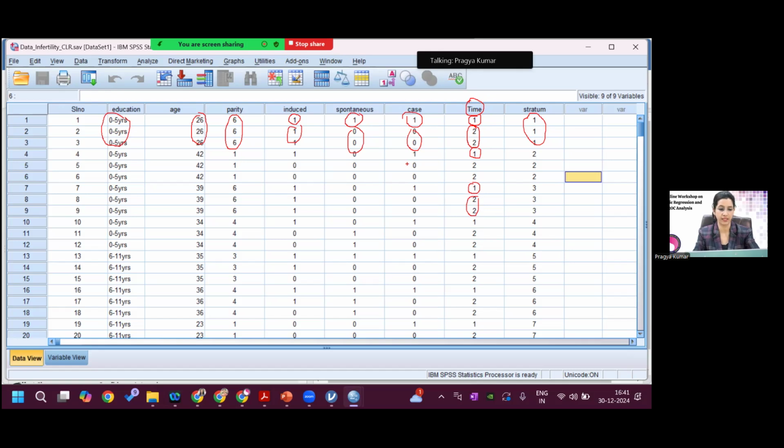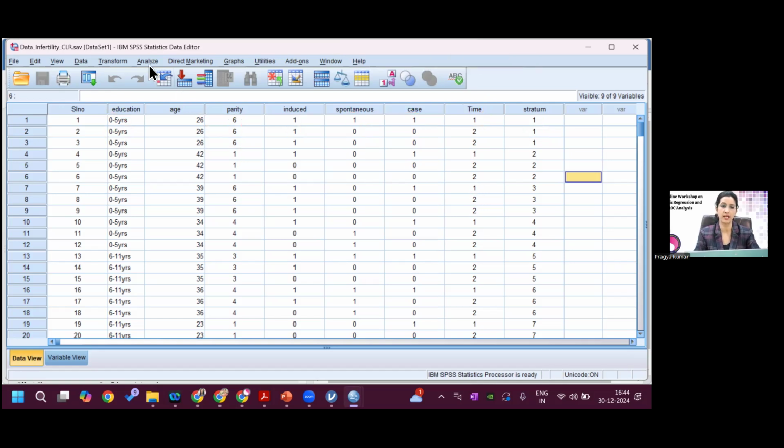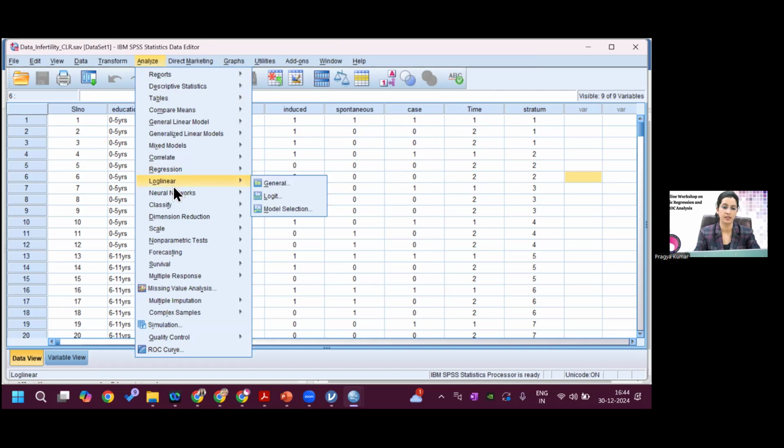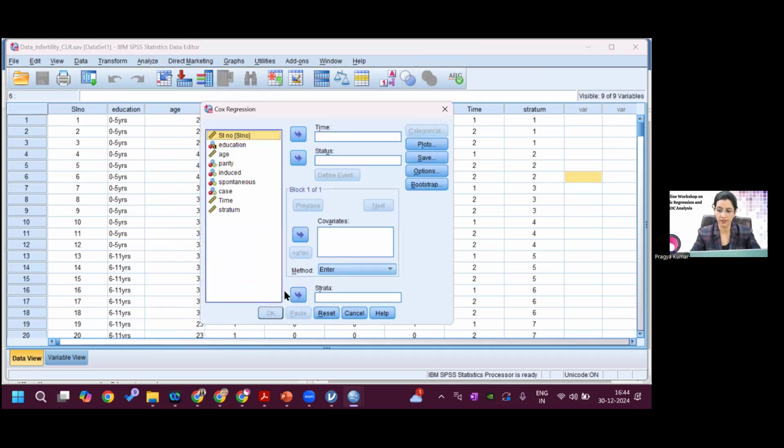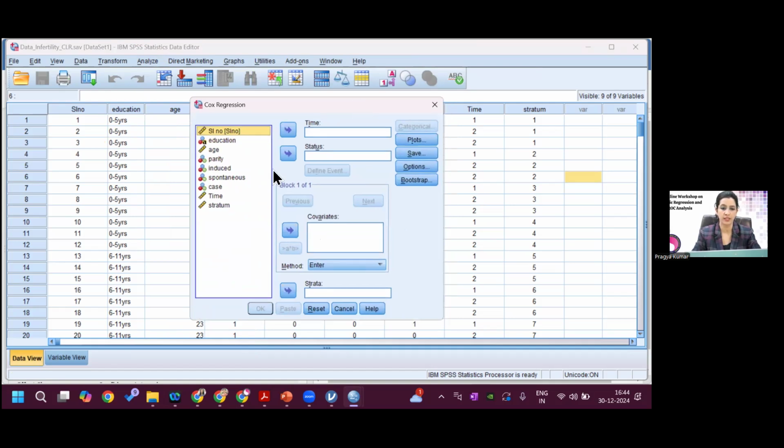So this is the data. How do we do this? Like I said, you have to go to Analyze, go to Survival, and then go to Cox regression. This time is just to put in a condition, so that's why it is known as conditional logistic regression. So in time, I'll put this time. Since education, age and parity are matched variables, I will not enter these in the covariate.